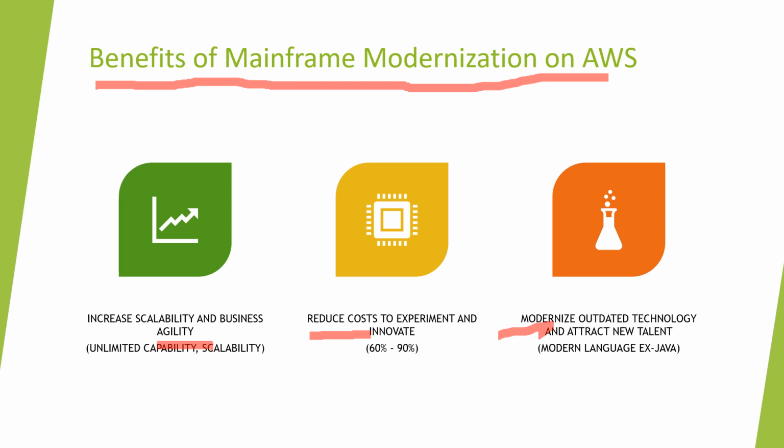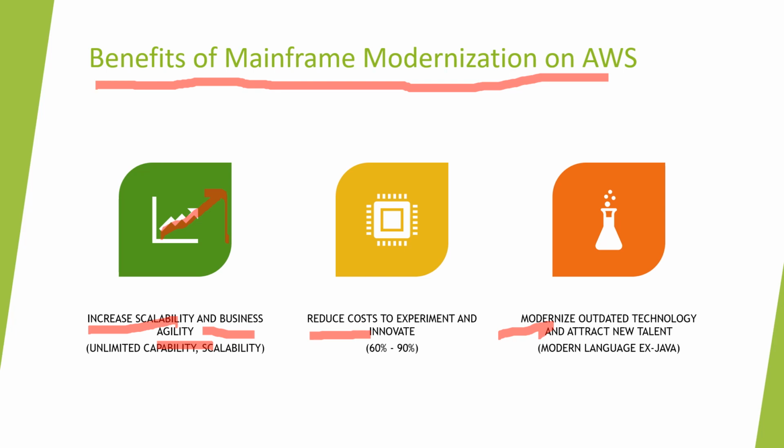Let's discuss one by one. The first one is increased scalability and business agility. AWS offers horizontal scalability with virtually unlimited capacity to handle workload peaks and spikes. AWS provides the advantage of multiple protocols and interfaces.